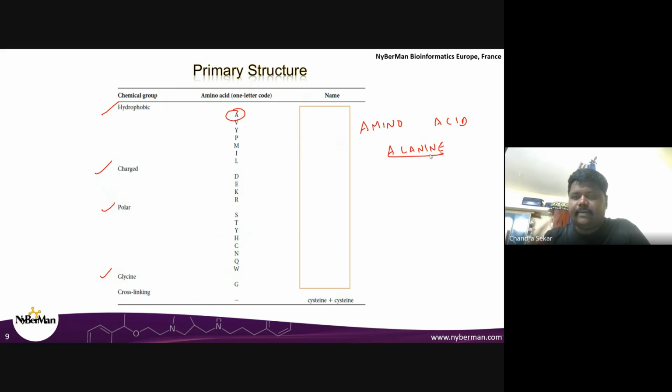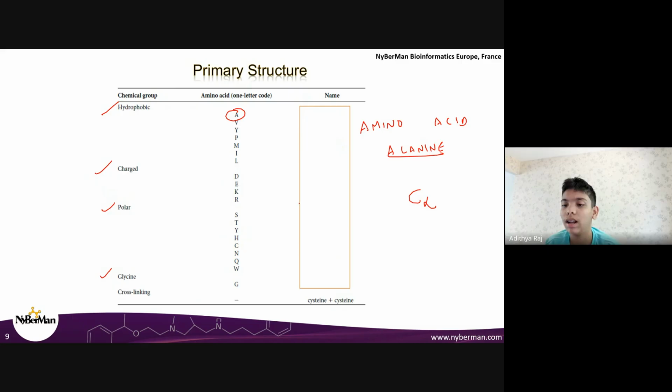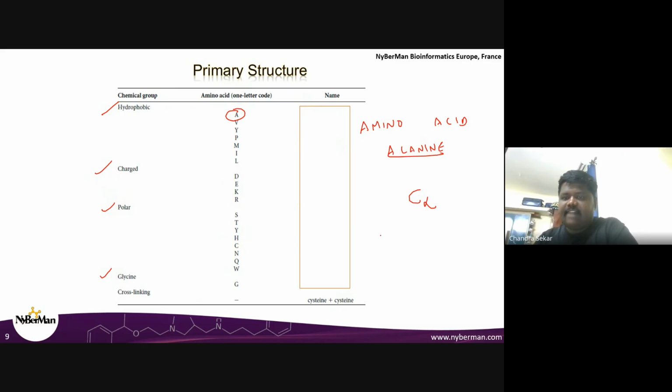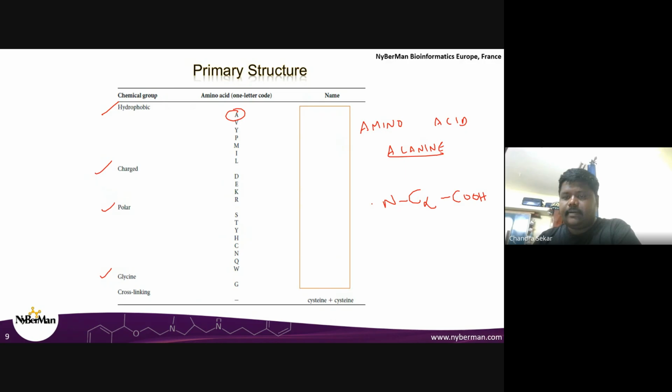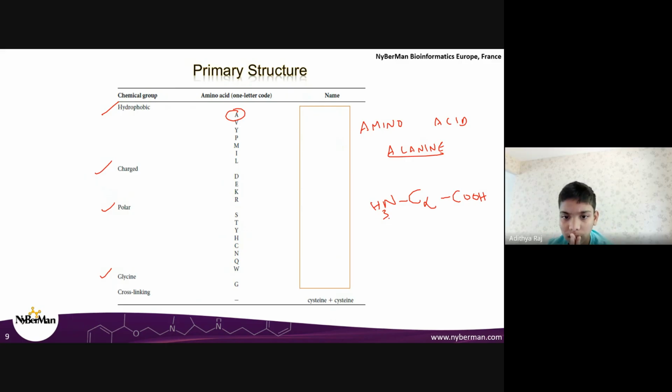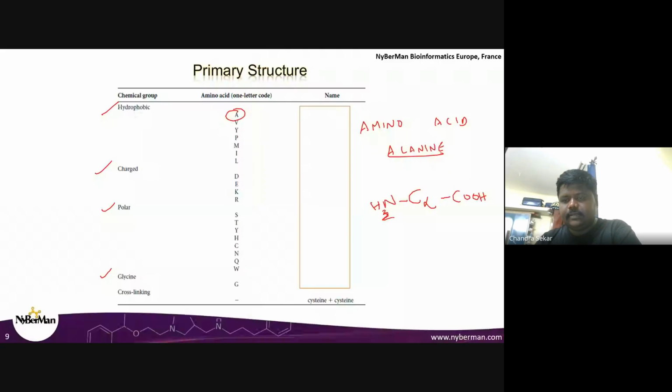They will have a generalized center carbon called the alpha carbon. That alpha carbon will have a carboxy terminal, and they will have an amino terminal. It can be either NH2 or NH3 plus.